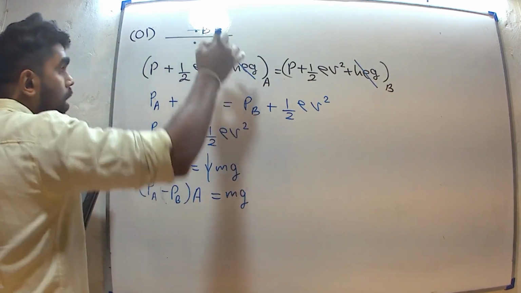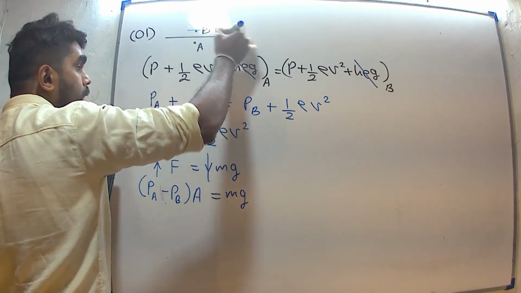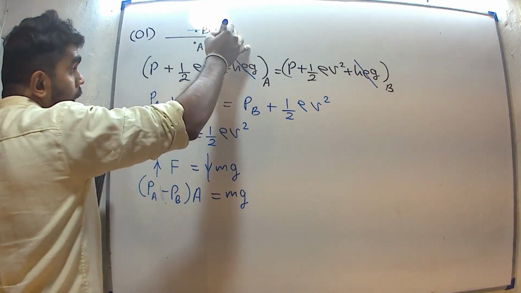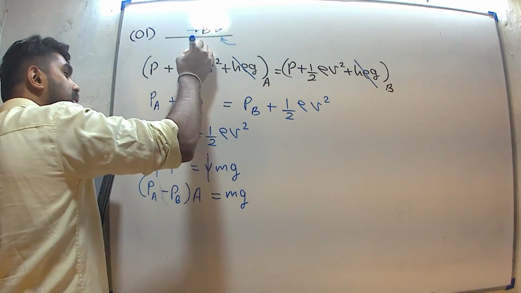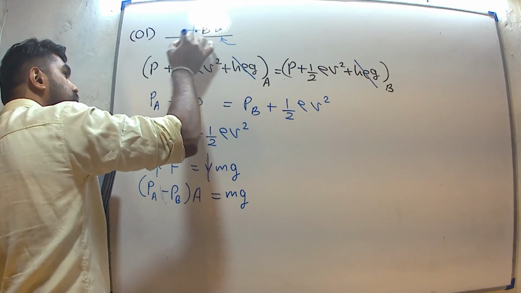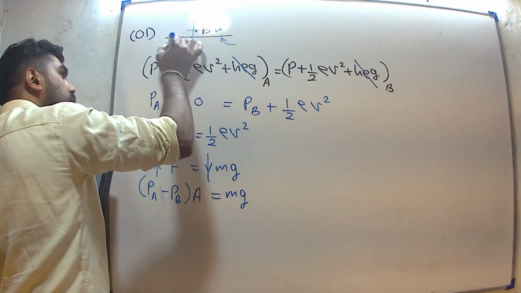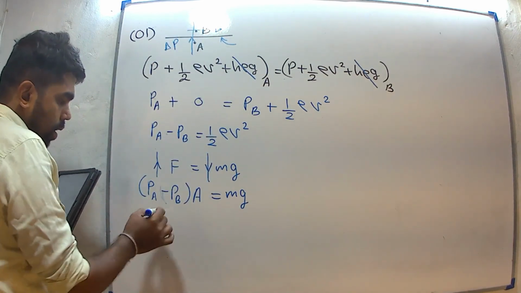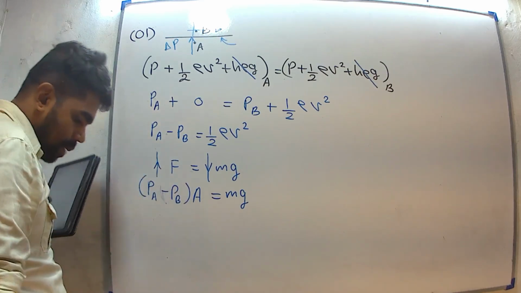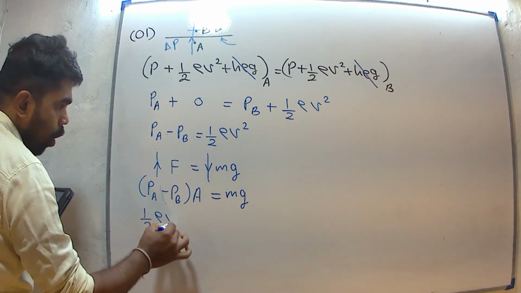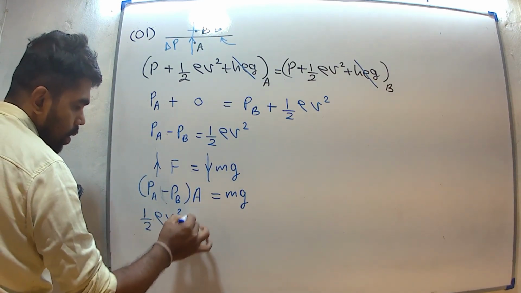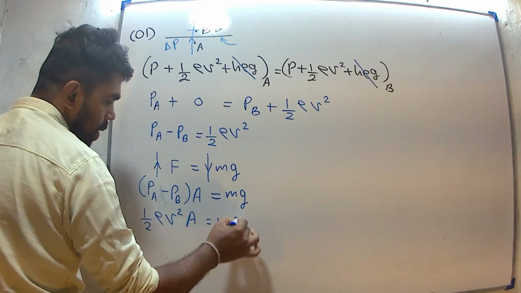Area means perpendicular area, the area of the strip, because the pressure is acting in this direction. Then PA minus PB, the pressure difference, is this value, so half rho v squared into A equals mg.